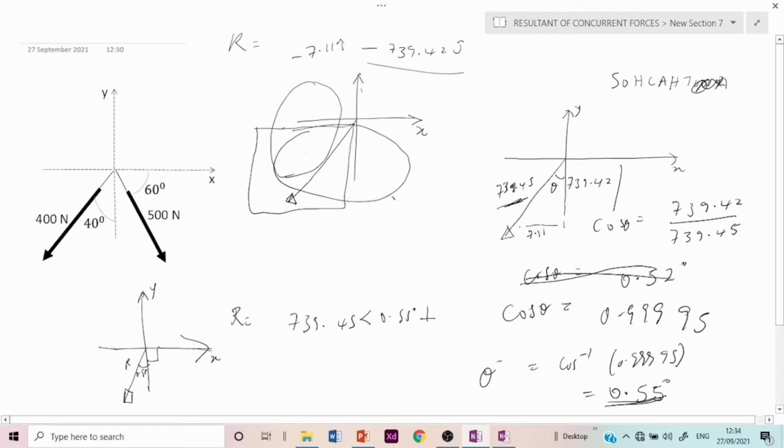Let's not forget this is 90 degrees, so you can add that 90 degrees to the 0.55 and also say that the resultant is 739.45 Newton at an angle of 90.55 degrees to the horizontal axis.